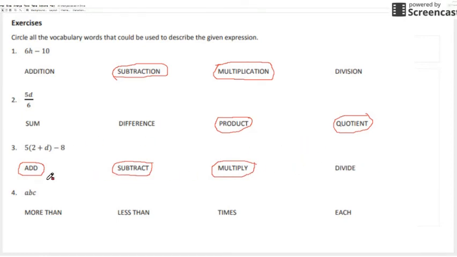On the last one, how could we express this appropriately? This is just simply B times A times B times C. So the word times right here is really the only thing that we could use. We couldn't use the word each, even though each sometimes can be used for multiplication.